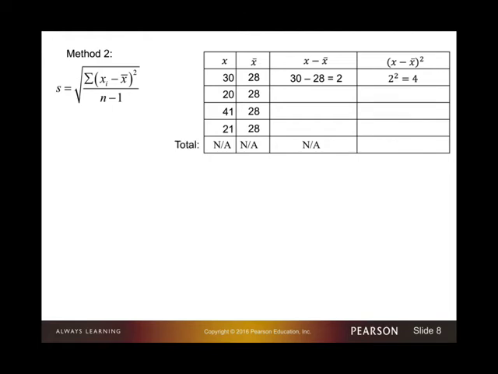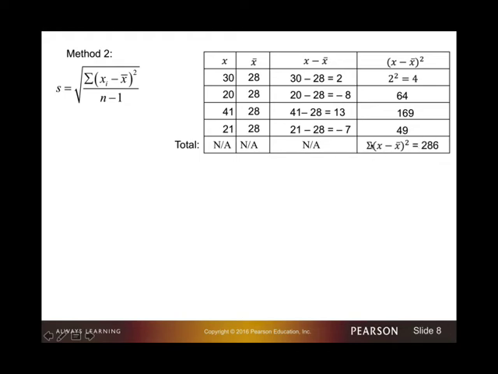Okay, check your work. Just subtract, find the difference, and then take the square of this number and add it up. You should find the total.